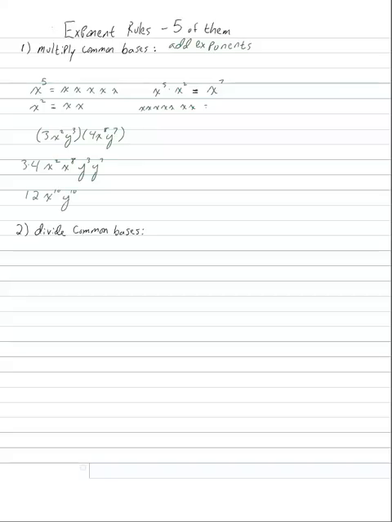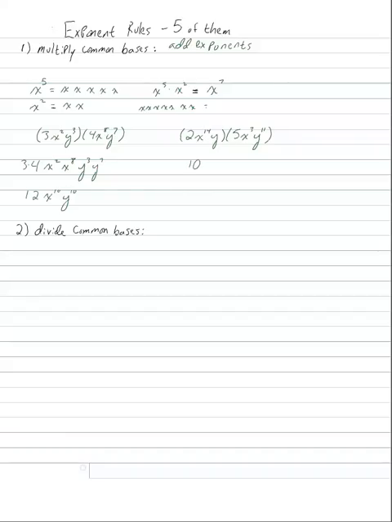I can try one more. Say I have 2 x to the 14 y, times 5 x to the 3 y to the 11. I'm not going to rewrite it, you don't really have to. I just wanted to show real quick why it worked that way. I can just multiply the common things together. My numbers, 2 times 5, give me 10.